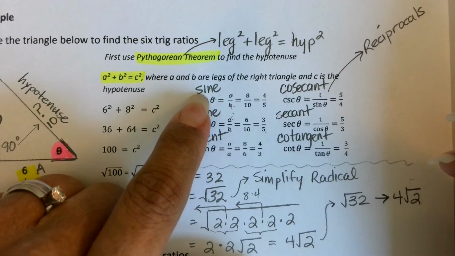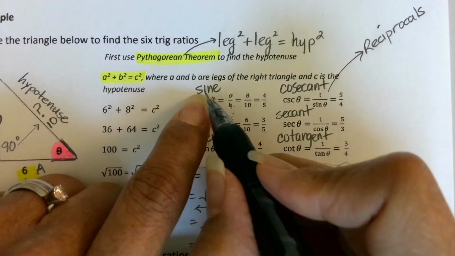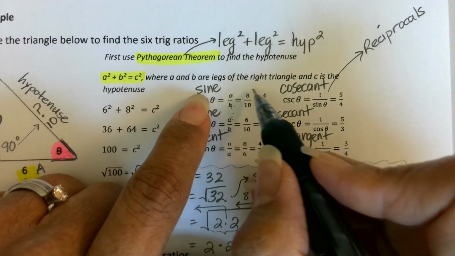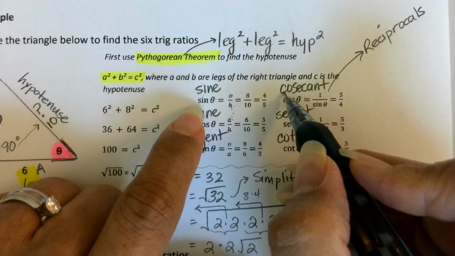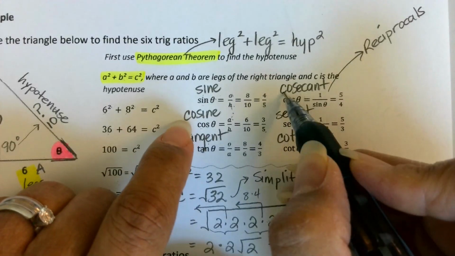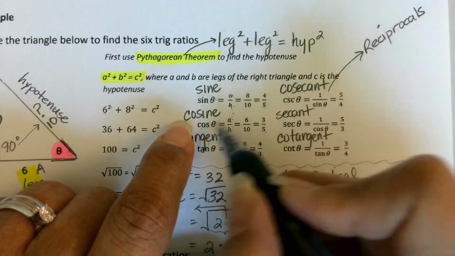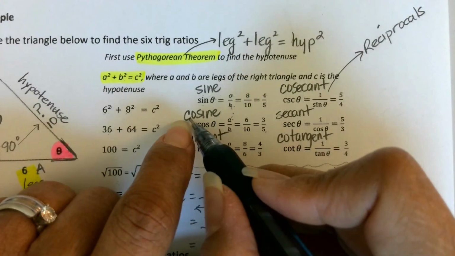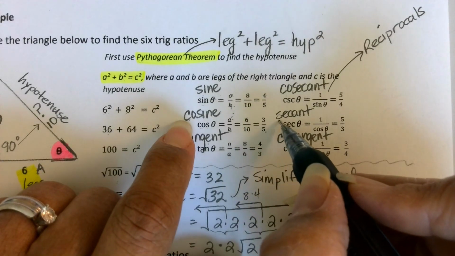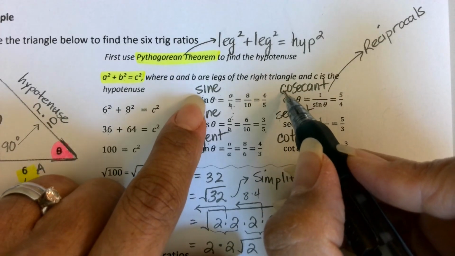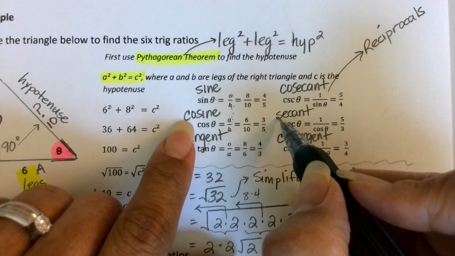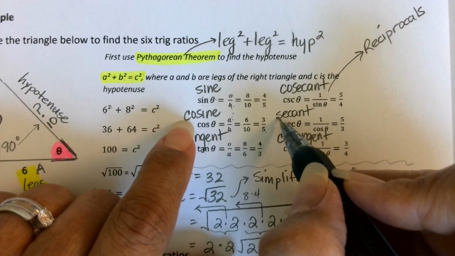Sine starts with the letter S. The reciprocal of sine will be the one that starts with a C. On the other hand, cosine starts with a C. The reciprocal of cosine is going to be the one that starts with S, and it's a secant. So notice it's an SC or a CS combination, all right?